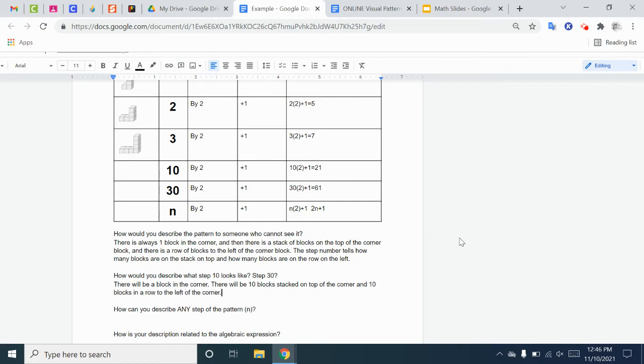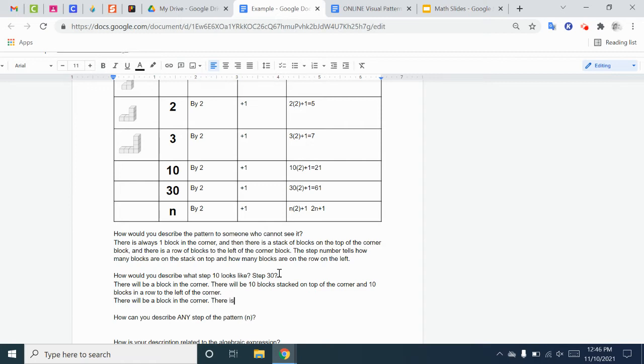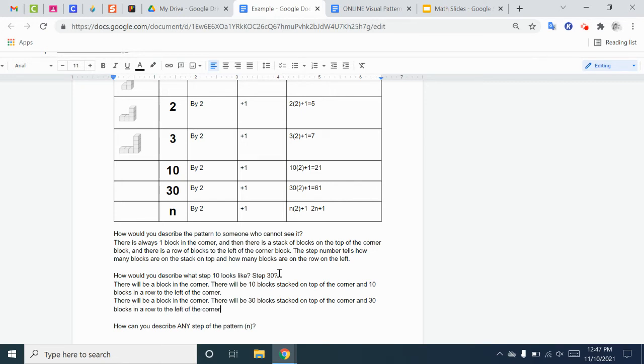How would you describe step 30? For step 30, there will still be a block in the corner because that's my constant. It never changes. And now there will be 30 blocks stacked on top of the corner and 30 blocks in a row to the left of the corner.